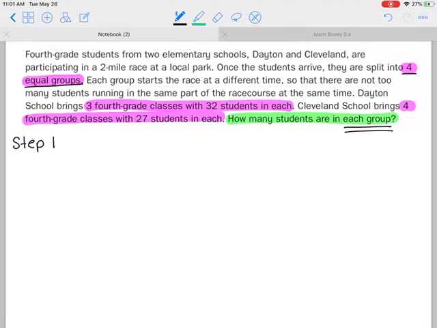My step 1 is figuring out the number of students that came from Dayton. They told us it's 3 4th grade classes with 32 students in each.